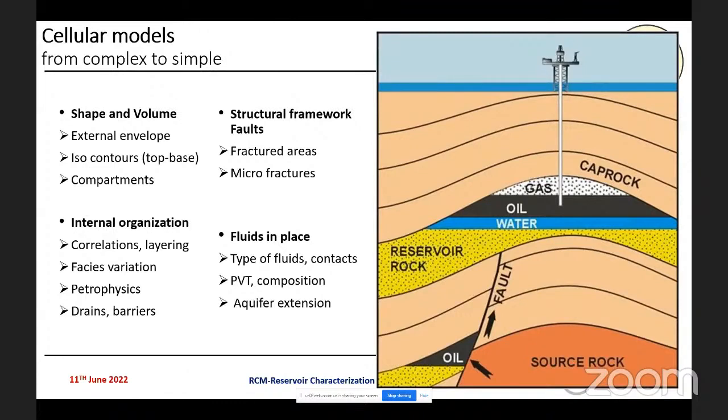The last component is the fluid in place. It includes the type of fluids, and the type and number of contacts. Sometimes you don't have one contact. Sometimes you have compartments, which means that you expect to have different contacts. This is encountered in heavily faulted reservoirs, and also in some basins like Sarawak, where you have different carbonate reservoir cones, and each one has a different contact depth.